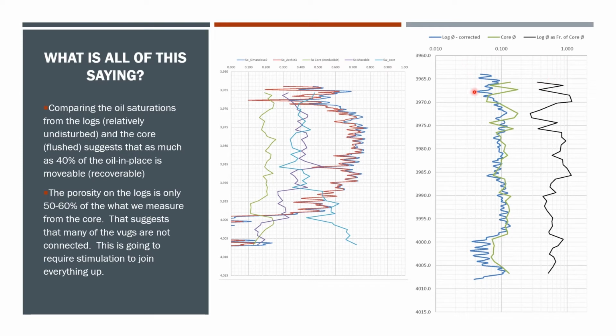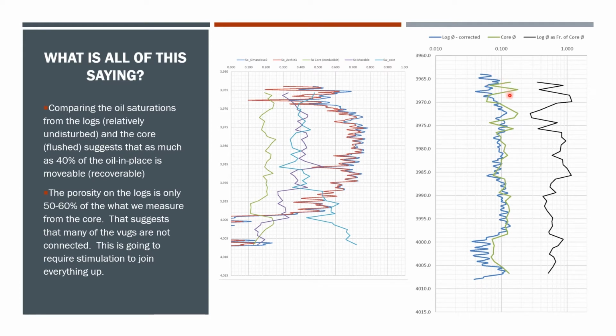Over here, we took a look at what the log porosity appeared to be versus the core porosity. The log porosity is severely affected by the amount of shale that's distributed in the system, and by whether or not that porosity is interconnected.